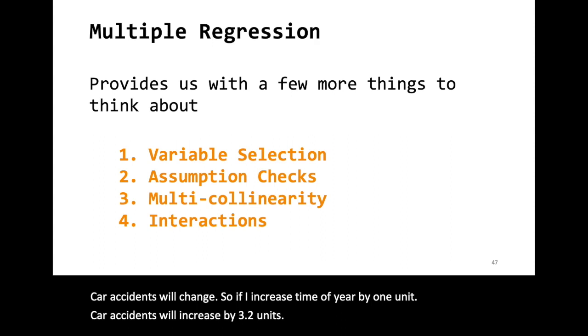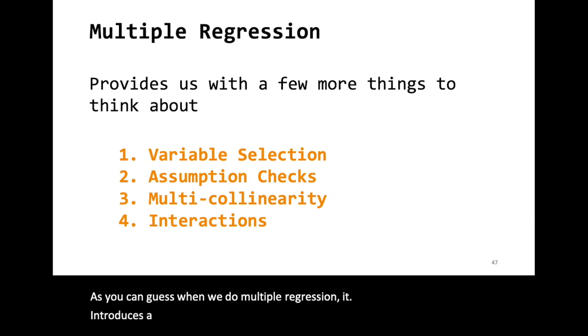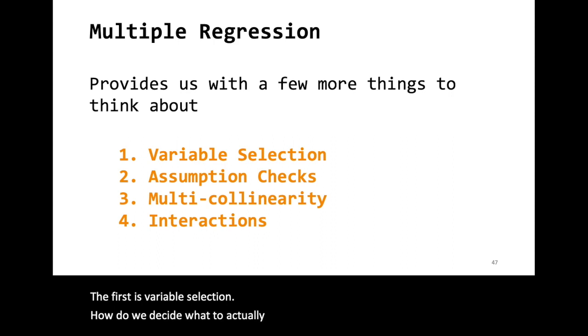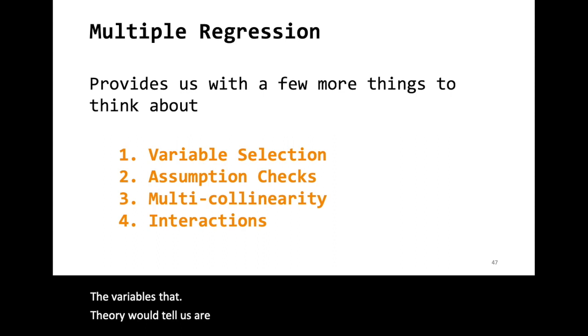As you can guess, when we do multiple regression, it introduces a few complexities, a few things to think about. The first is variable selection. How do we decide what to actually include in the model? Well, generally, what we're going to do is include the variables that theory would tell us are related, that we should control for.